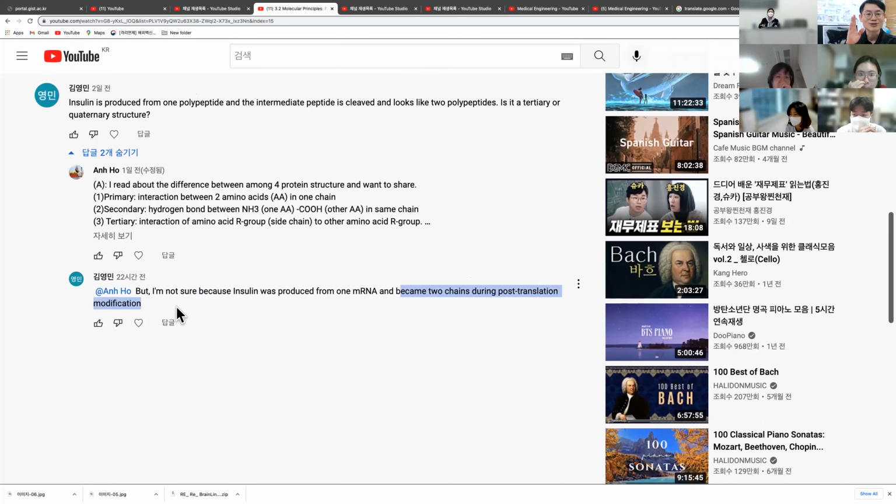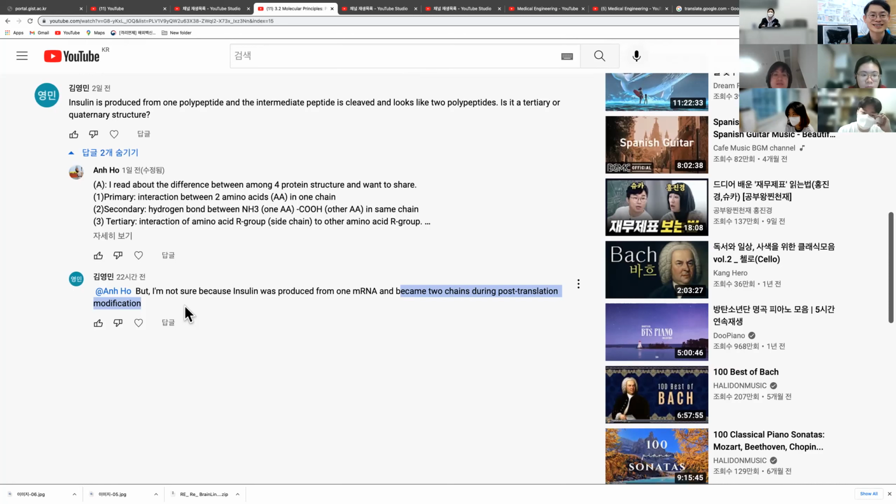Okay, Youngmin, raise your hands. I love this question. Can you explain a little more of this? I mean, this is kind of an open question, but in what sense do you think this insulin molecule, two polypeptides put together, is tertiary or quaternary? You can say your opinion.